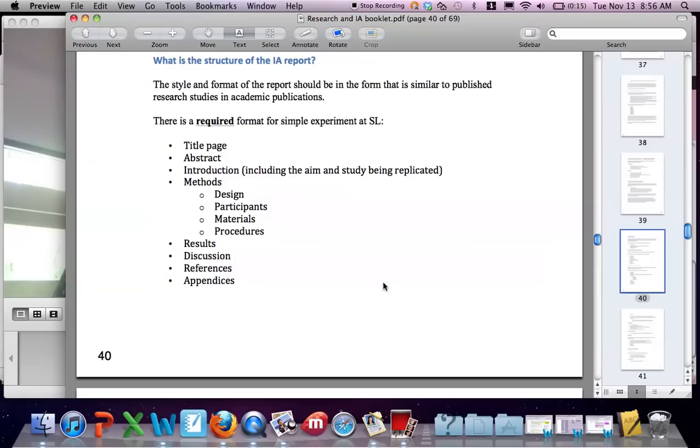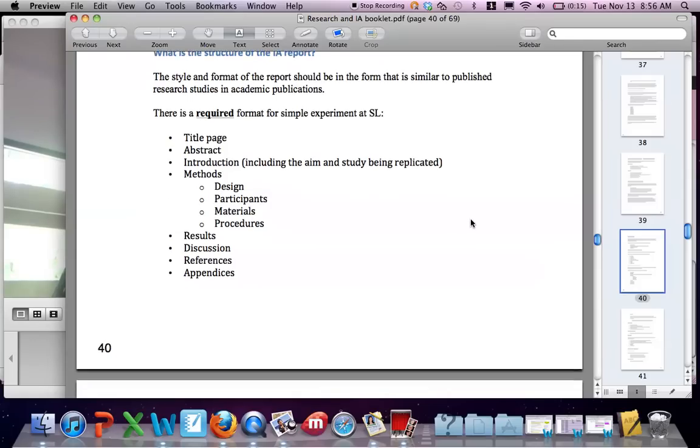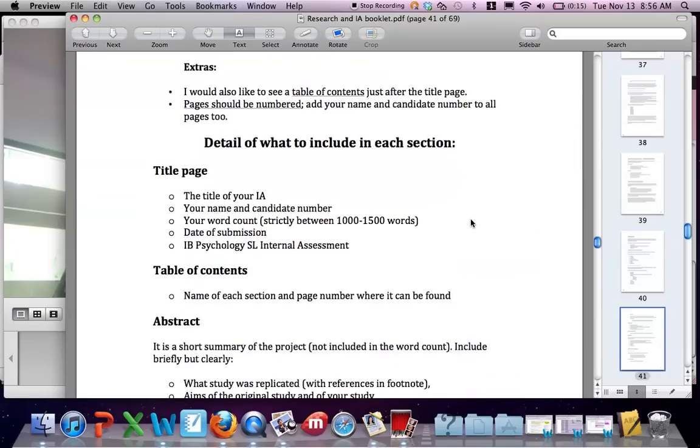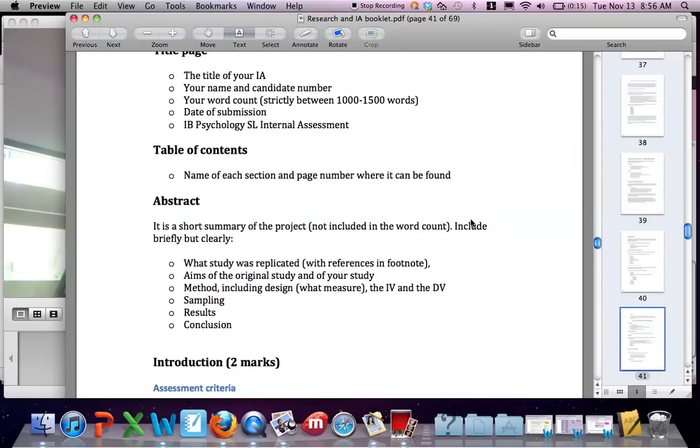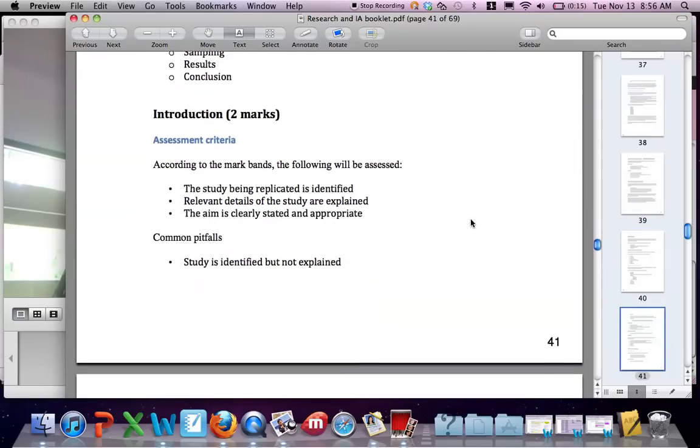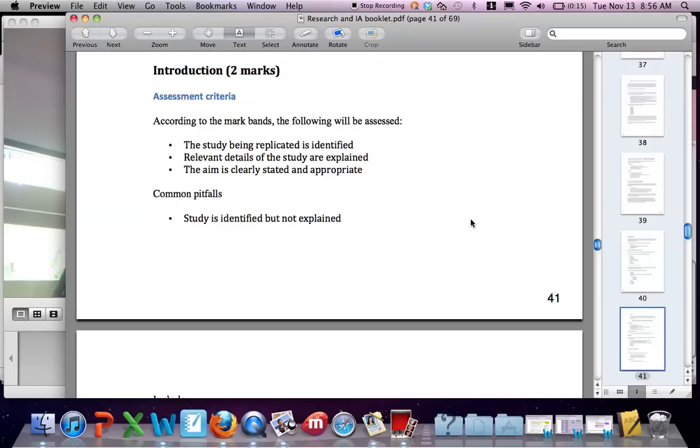We will go through each of those sections, but right now the one that we're interested in is the introduction. You do not need to have conducted your experiment to start writing your introduction. You can write the introduction without having conducted the experiment. That's why we're starting with that. That's what you need to do now: start writing your introduction.